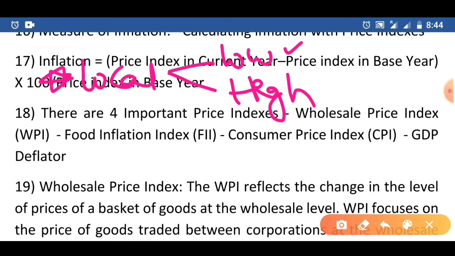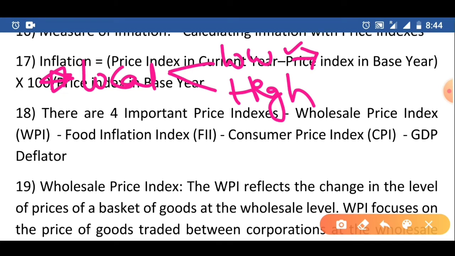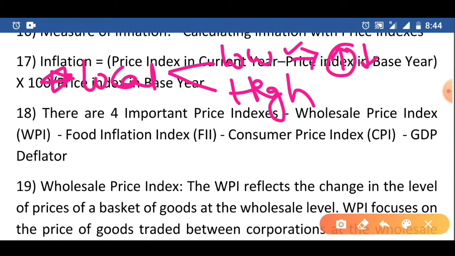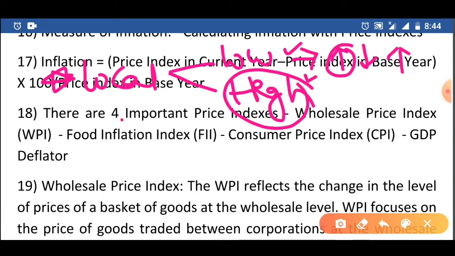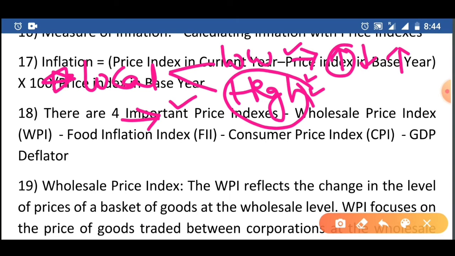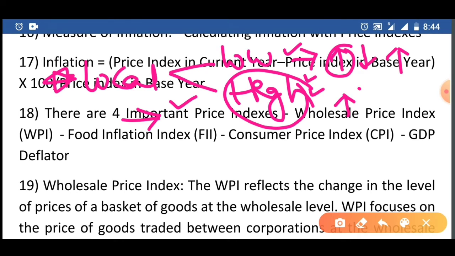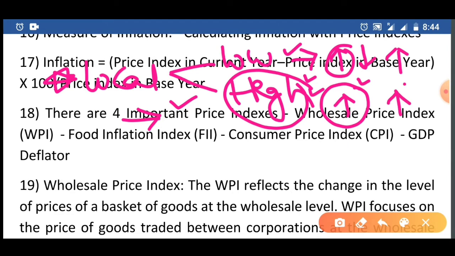Whenever rainfall is very low, the farmers are not able to produce more food items, so production is very low and that's why the price index rises. Whenever there is high rainfall, the farmers are able to produce food items, but the high rainfall damages the food crops, so there is also an increase in the price level of food items. Because of the increase in these food item prices, there is an increase in the food inflation index.